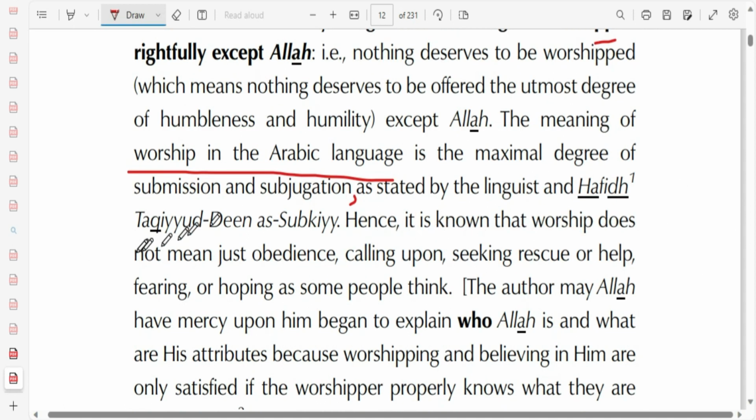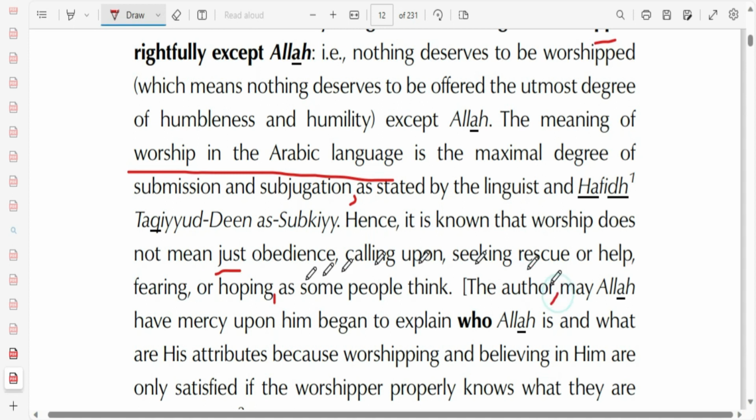Hence, it is known that worship does not mean just obedience. Just here means mere. It does not mean merely obedience, nor calling upon, nor seeking rescue or help, nor fearing or hoping, as some people think.